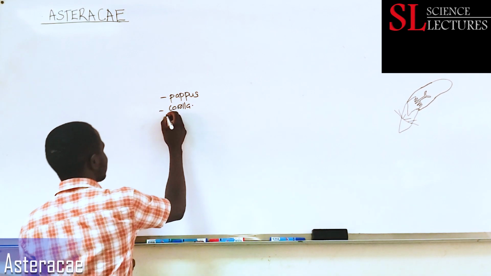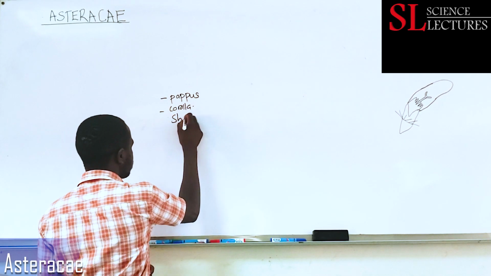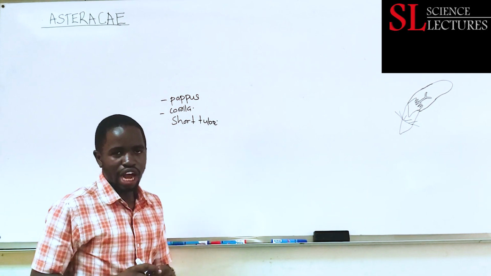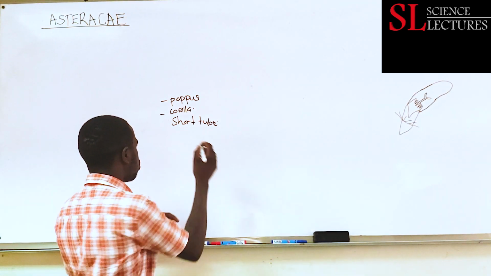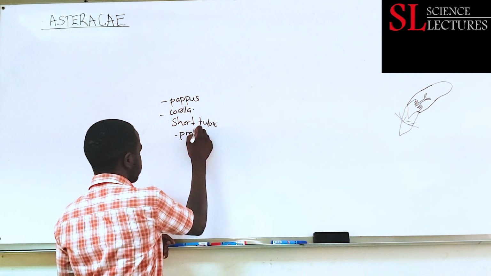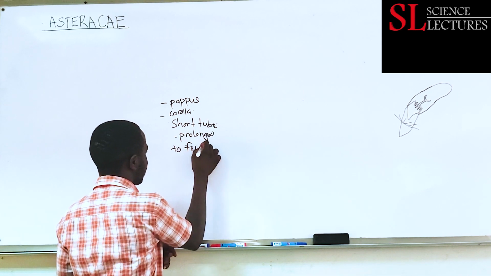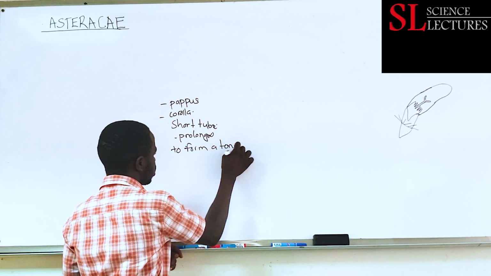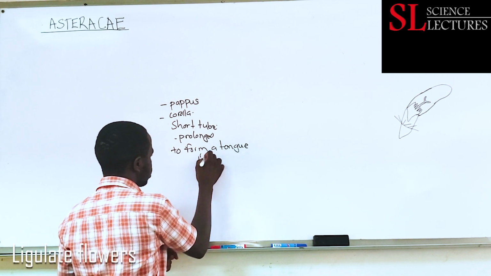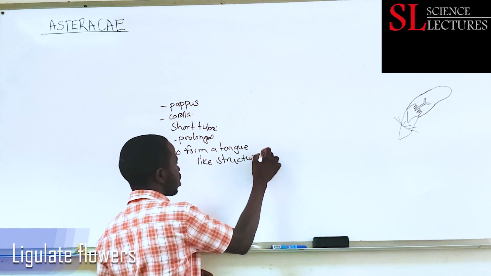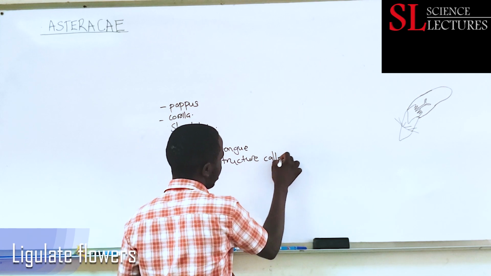However, in this case, their corolla are fused to form a short tube, and that tube can be prolonged to form a tongue-like structure called a ligule.